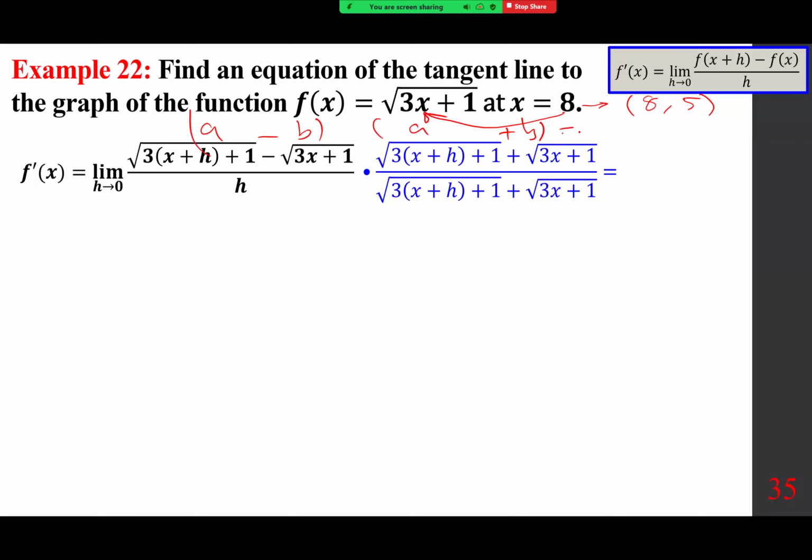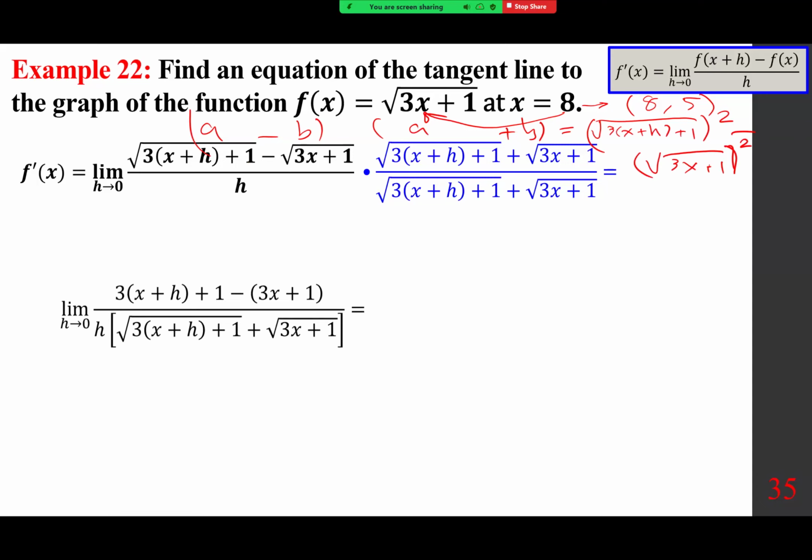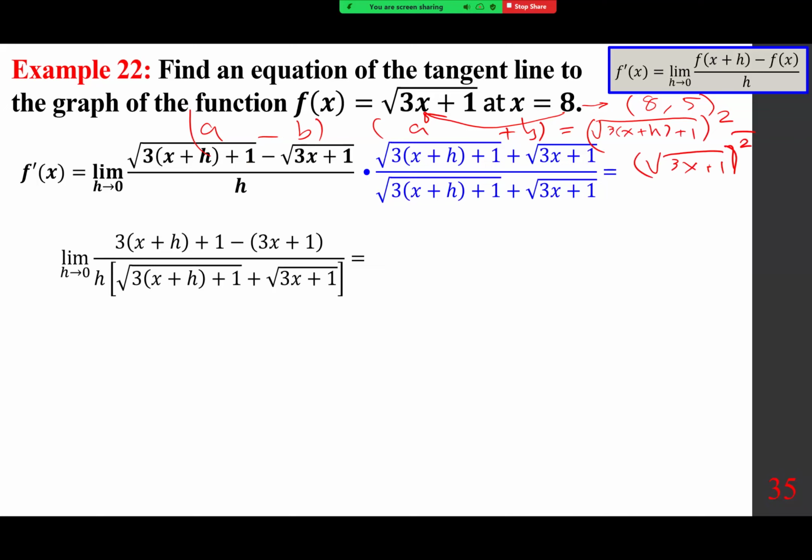The result is a squared minus b squared, which means each radical comes out. Again, that's elementary algebra. We should have no problem with that.